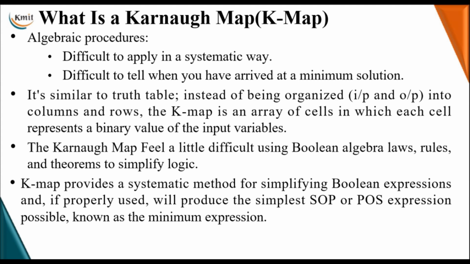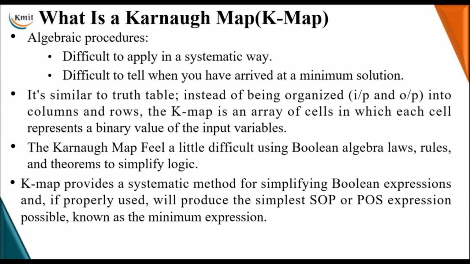But using algebraic procedures, it is very difficult to apply them in a systematic way, as well as very difficult to analyze at which step we obtained the minimum solution. These are some of the difficulties we faced when using Boolean algebra. So in order to avoid that, we are going to use the Karnaugh map method.